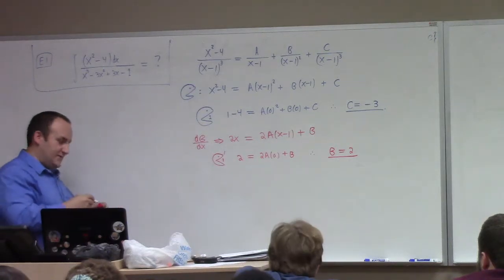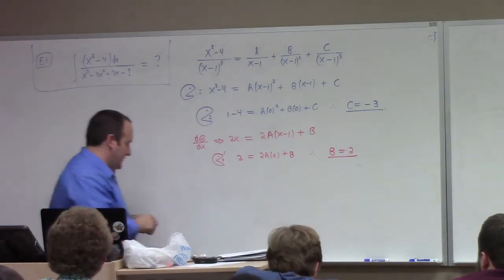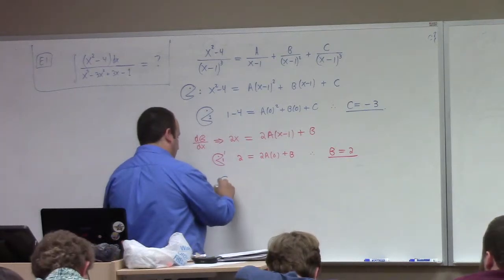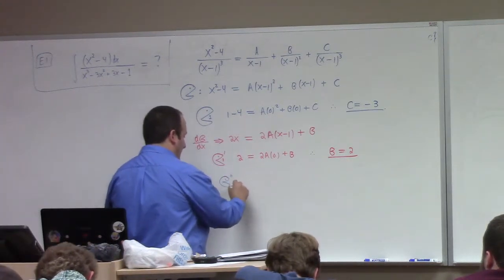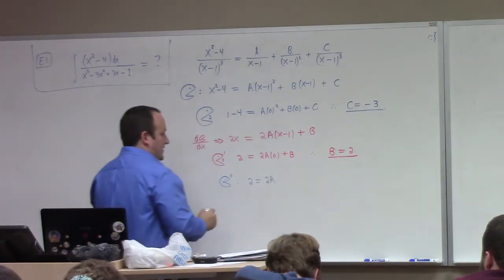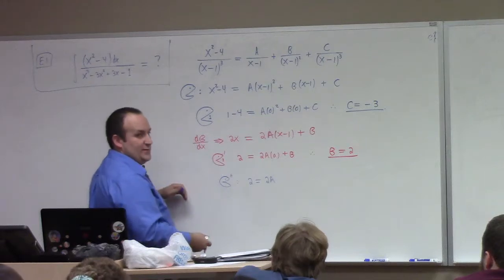Having done this trick once, we can't help but do it again. Differentiate another time. And what does it give us? Pac-Man prime prime. That gives me 2 is equal to 2A. A is 1, right?